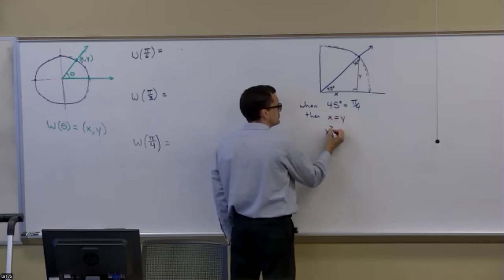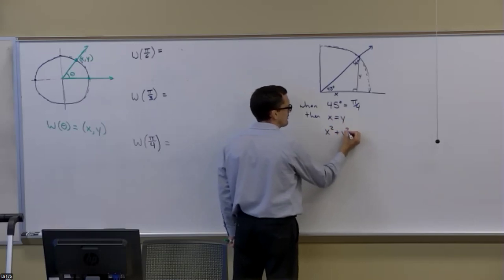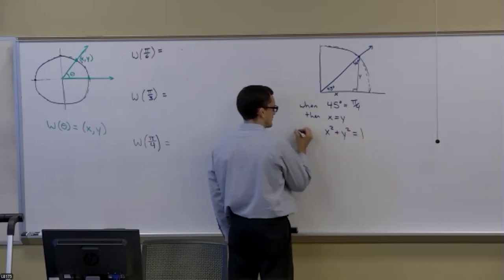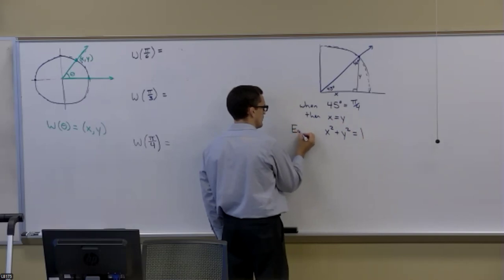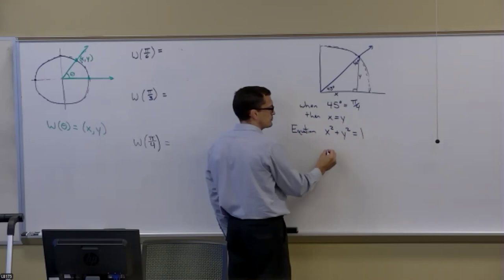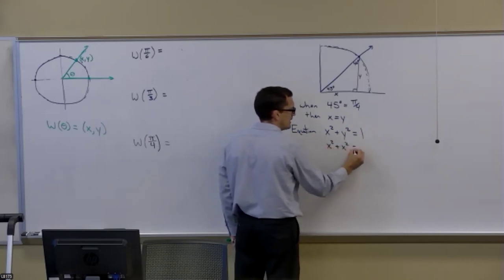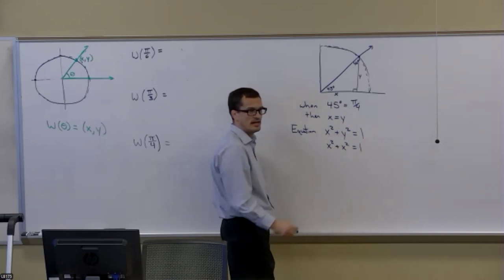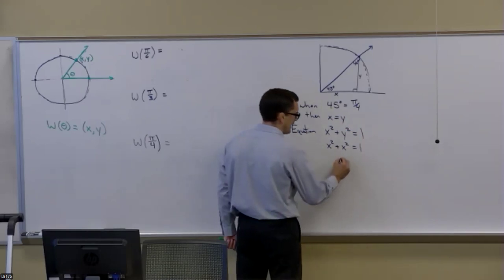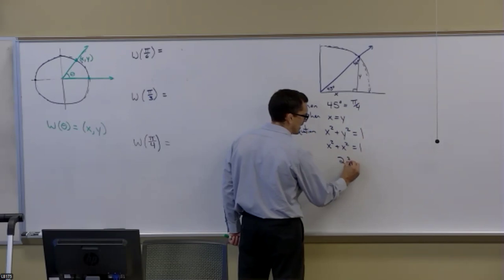So my equation, which was x squared plus y squared equals 1, is actually x squared plus another x squared equals 1. And I can solve that. I can take that to be 2x squared.